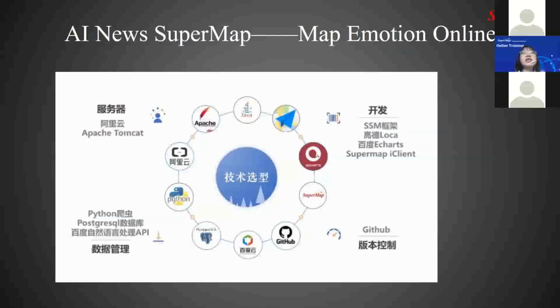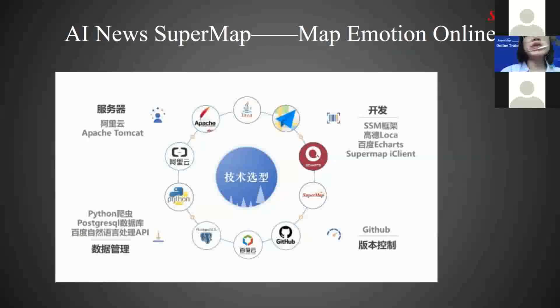And you can see the technology that they used is very scientific. They use PostgreSQL as a basic database and Python for data scraping, and use Ali Cloud and Apache and Tomcat as a server.